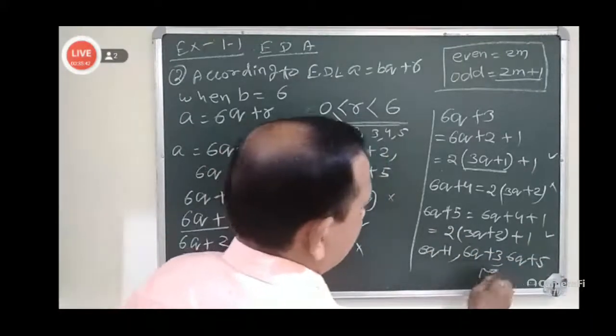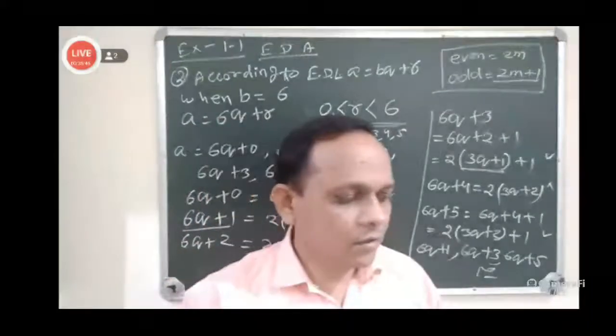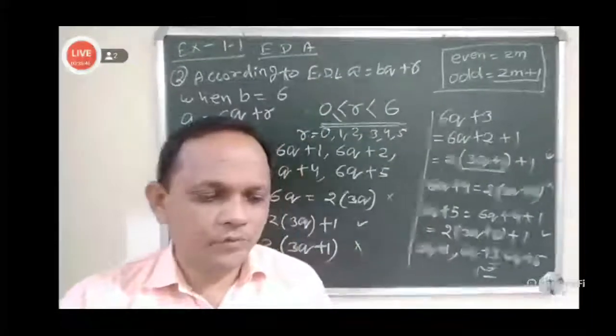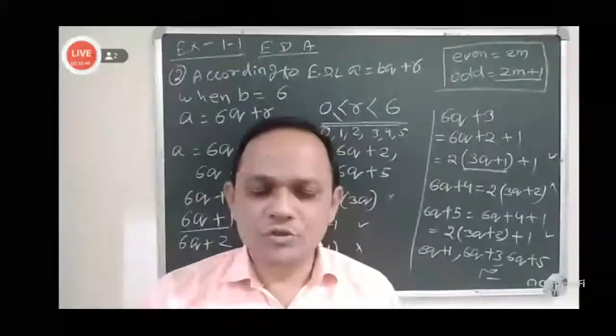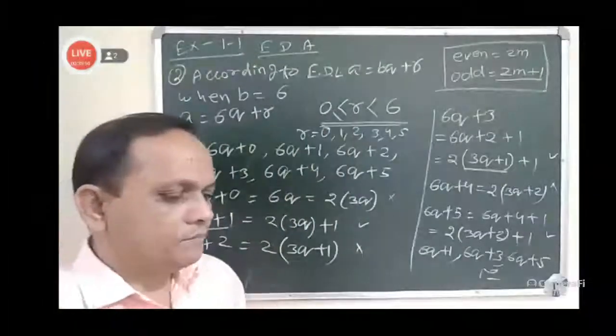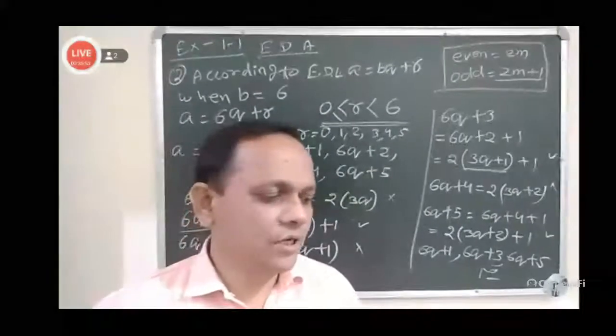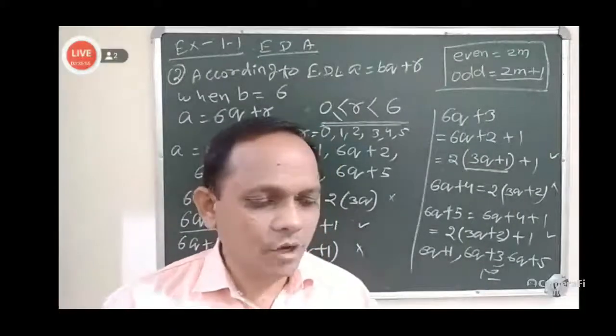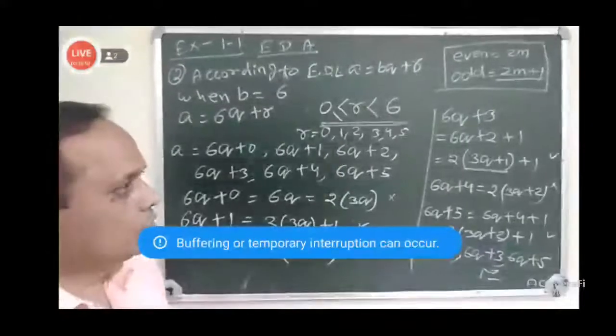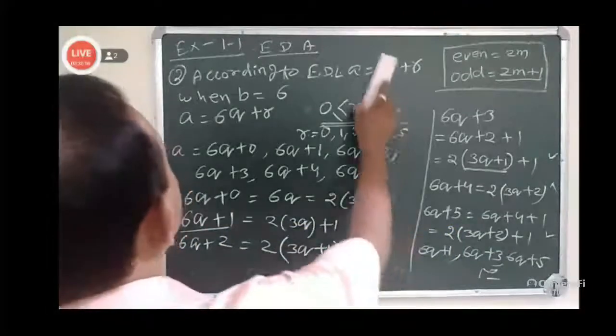We have proved that the positive odd integers are of the form 6Q plus 1, 6Q plus 3 and 6Q plus 5, where Q is an integer. This is all about number 2. Now we go to number 3.